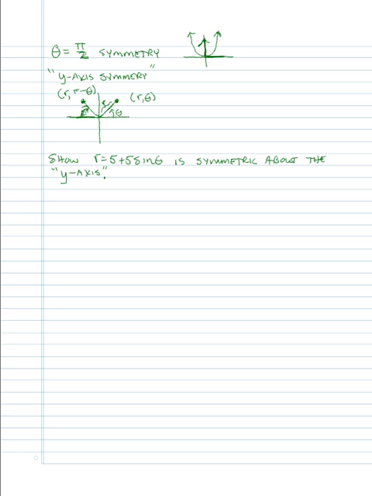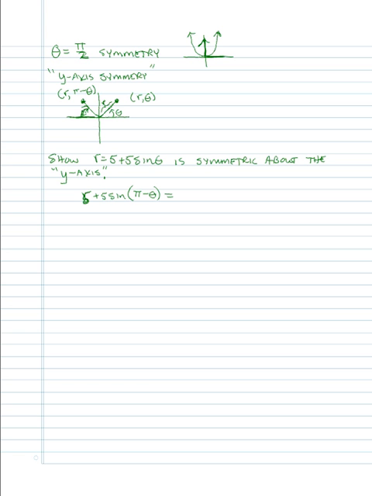Okay, so here's what that means again. That means if we instead put the angle pi minus theta in, then we'll get exactly the same r. Excuse me, that was a 5 out here.